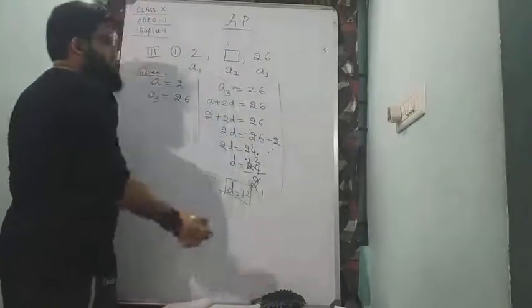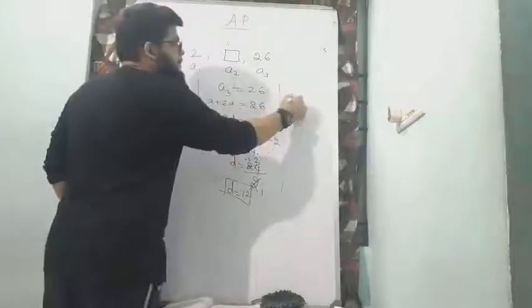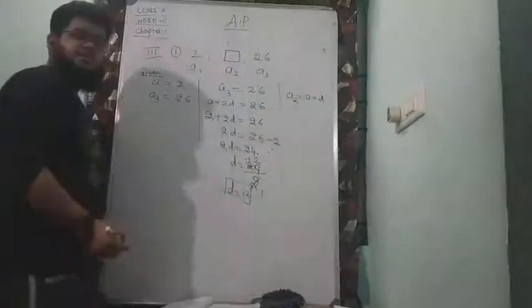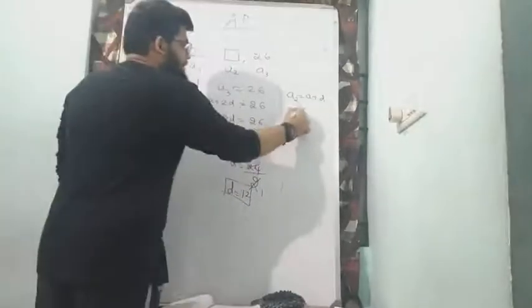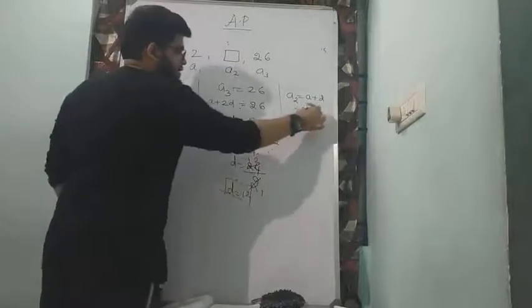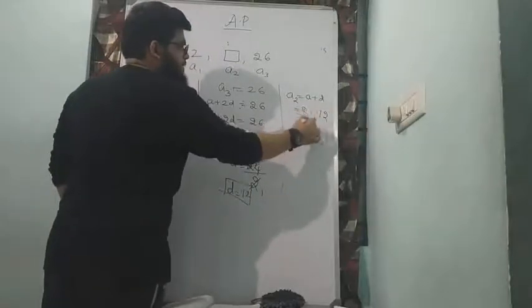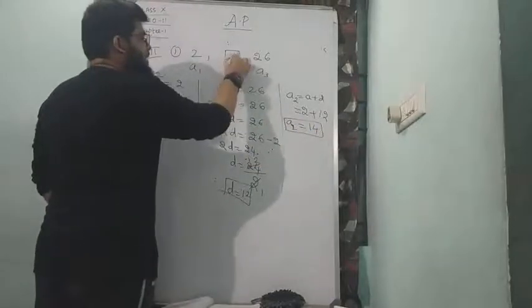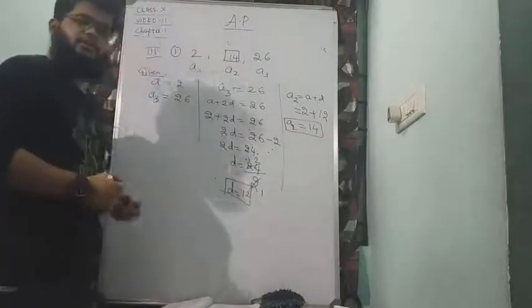Last but not the least, A2 will be given by A plus D, because that is the value that we are supposed to find. The value of A in the given question is 2 plus the value of D, which is 12, and 12 plus 2 is 14. So the missing value A2 is 14.